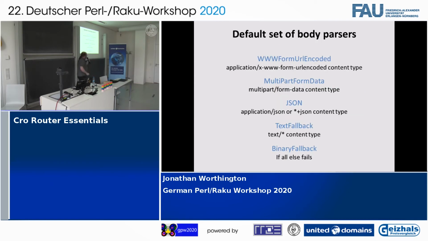These are the built-in ones. The first two are for browsers that submit stuff. So that's just normal forms. This is what we use if we're doing file uploads. There's also JSON. There's then a couple of fallback options. And text fallback is if you have text slash something, and binary fallback is if nothing else works, just give us a blob of the bytes.